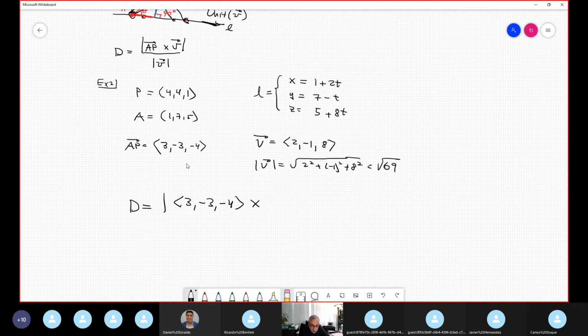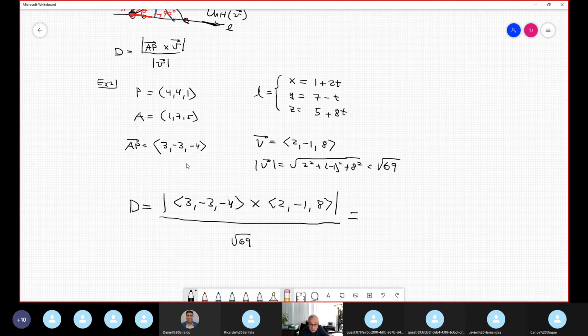If you want, I can try to explain it now, but as you know, I hate switching to another screen. So you multiply, cross product, this vector and this vector, where this is AP and the vector B is (2, negative 1, 8), and find the magnitude of this divided by the magnitude of vector B, which is square root of 69, no?